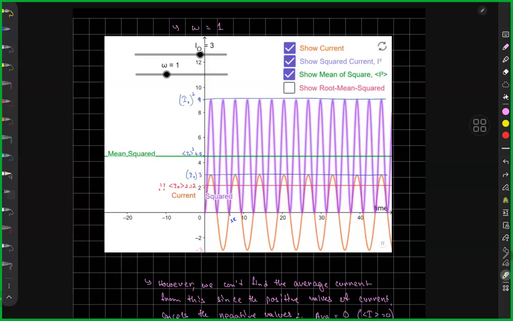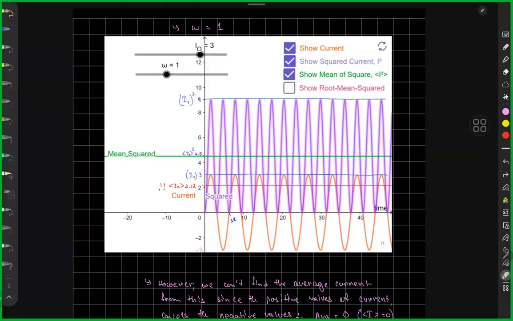Now what I get is the average with respect to time, with respect to 1 second. I have 4.5 amps of current running through the circuit on average. So I integrate under the graph with respect to time, that is the area under the sine square curve, divided by the time elapsed.